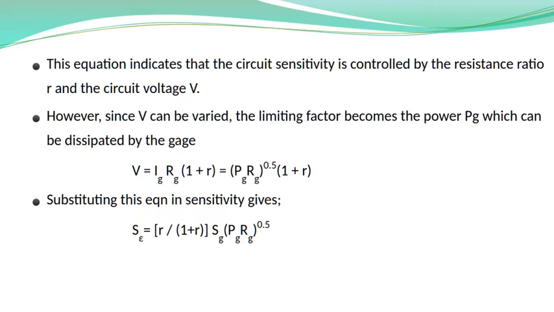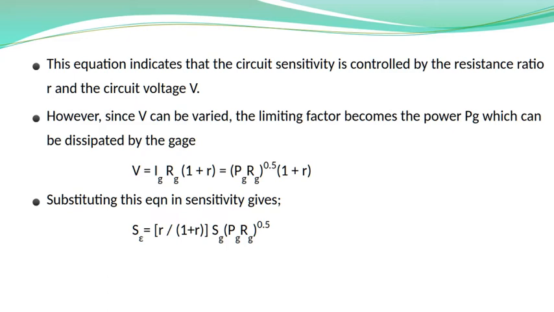We all know V is equal to I into R. In this case, V is equal to Ig into Rg into (1 plus r). In terms of power, V is equal to root of Pg into Rg into (1 plus r), where Pg is the power dissipated by the gauge.